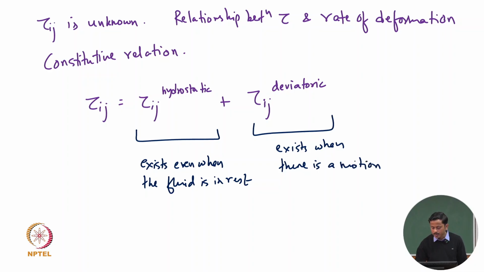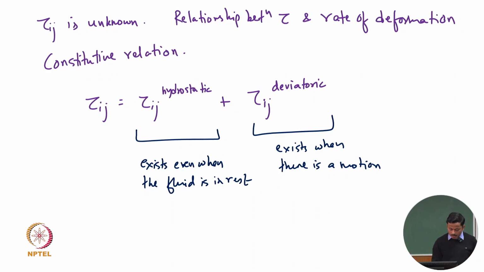So there is always something which is pushing a fluid element from all the sides. This is the hydrostatic stress. But when it starts moving, there are surface forces generated through the surface on the fluid element, on the fluid particle, and this is the stress given by the deviatoric part.